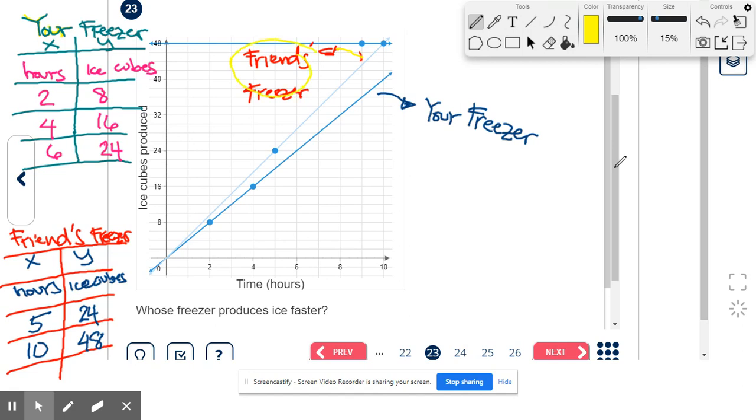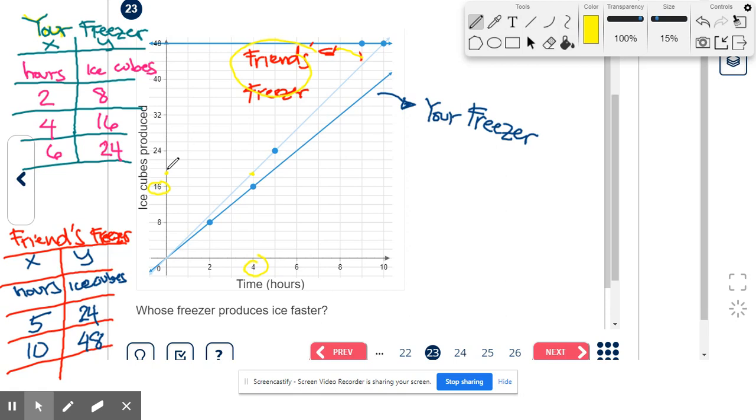So check this example. In 4 hours, your freezer produces 16 ice cubes. But in the same amount of time, your friend's freezer produces more than 16 ice cubes because it's higher on the y-axis. It has more ice cubes produced at the same number of hours as your freezer.